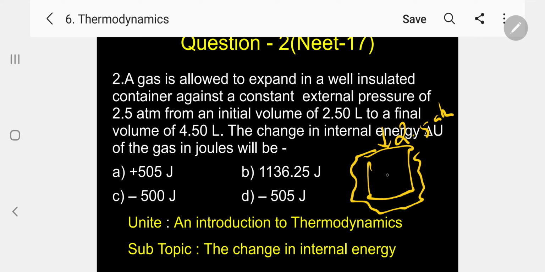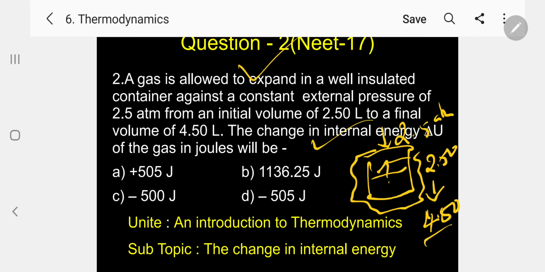The gas expands against the external pressure of 2.5 atmosphere from an initial volume of 2.5 liter to a final volume of 4.5 liter. A gas is allowed to expand, so it is expanding like this, from 2.5 liter to 4.5 liter.